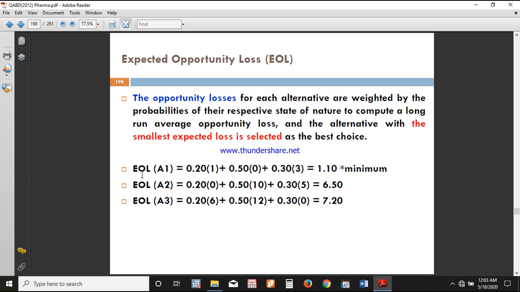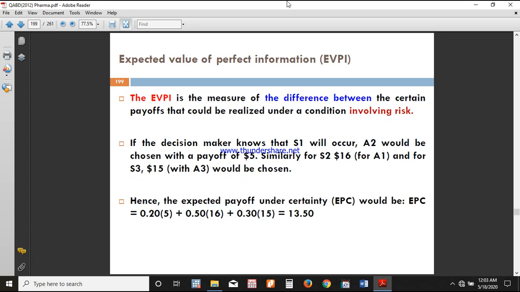Now the result of the expected opportunity loss for A1 will be 1.10, the EOL for A2 will be 6.50, and the EOL for A3 will become 7.20. Therefore, you can choose the minimum value, that is 1.10, based on this expected opportunity loss.